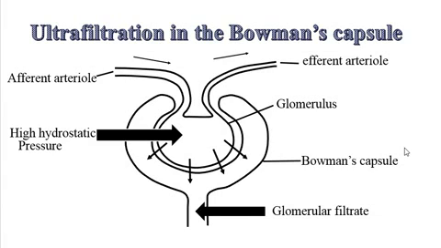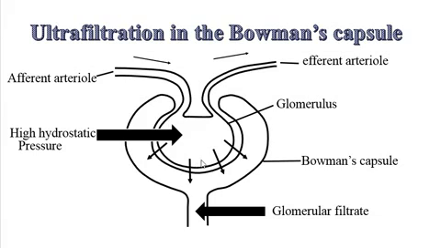Ultrafiltration takes place in the Bowman's capsule. As you can see from the drawing, the afferent arteriole is larger than the efferent arteriole. Therefore, there is more blood which comes into the Bowman's capsule, and there is less blood which is drained from the Bowman's capsule. There is always excess blood which remains in the glomerulus. This leads to an increase in hydrostatic pressure, which causes filtration of blood.